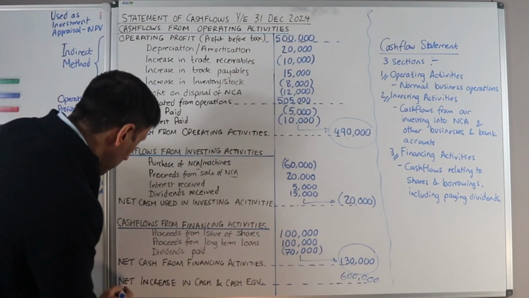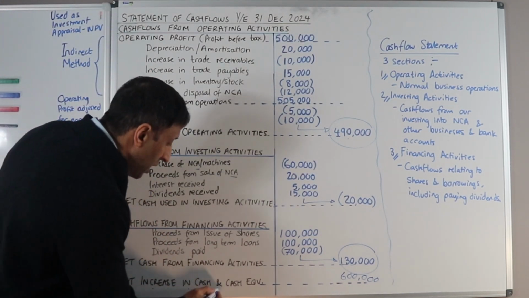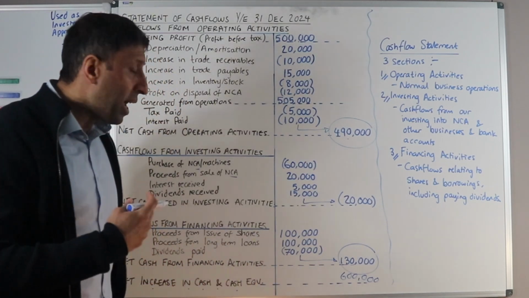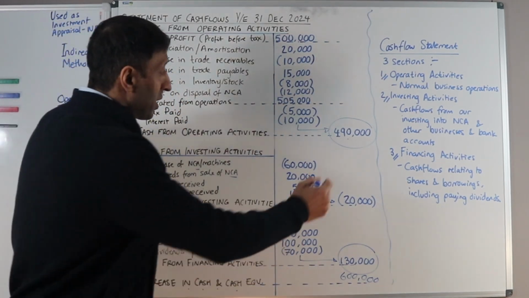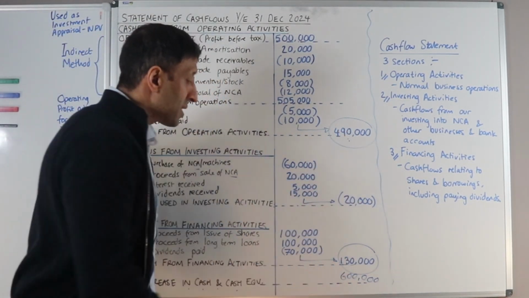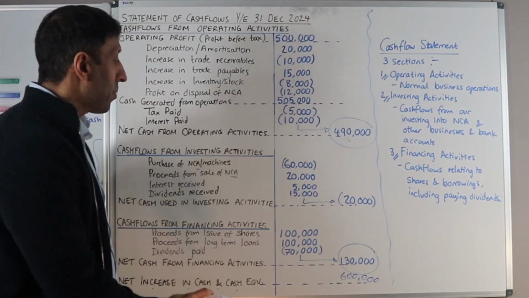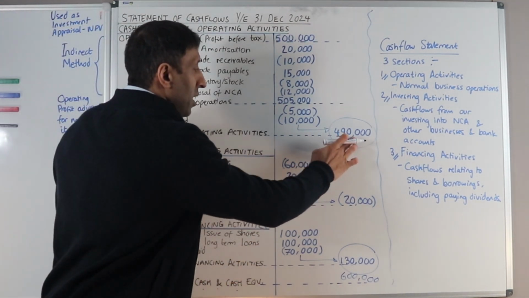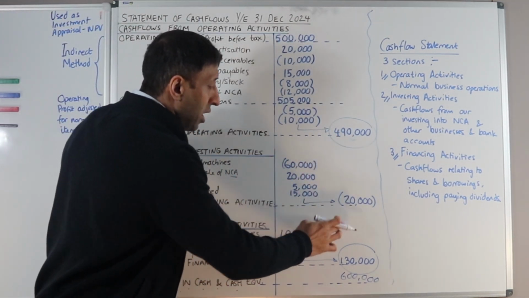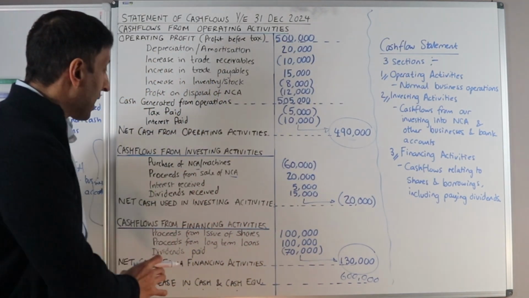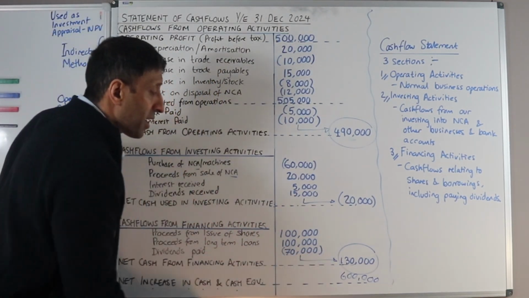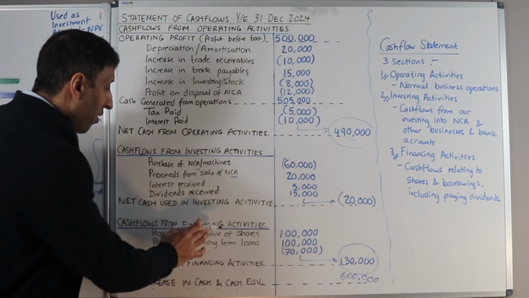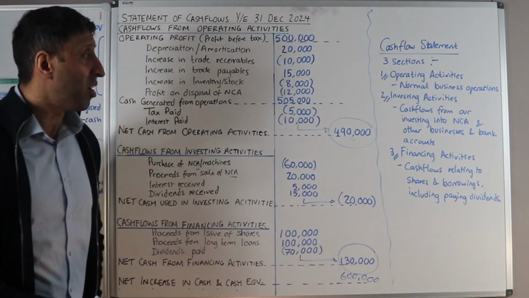So this is called net increase in cash and cash equivalents. The net increase, the overall increase by looking at all three sections is 600,000. And that's from a positive gain of 490, a loss of 20 from investing activities, and a gain of cash of 130 from financing activities over the last 12 months.